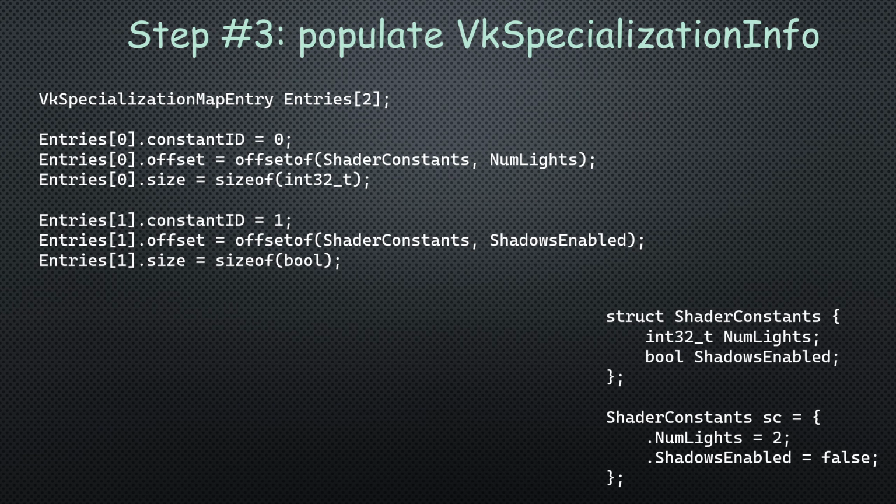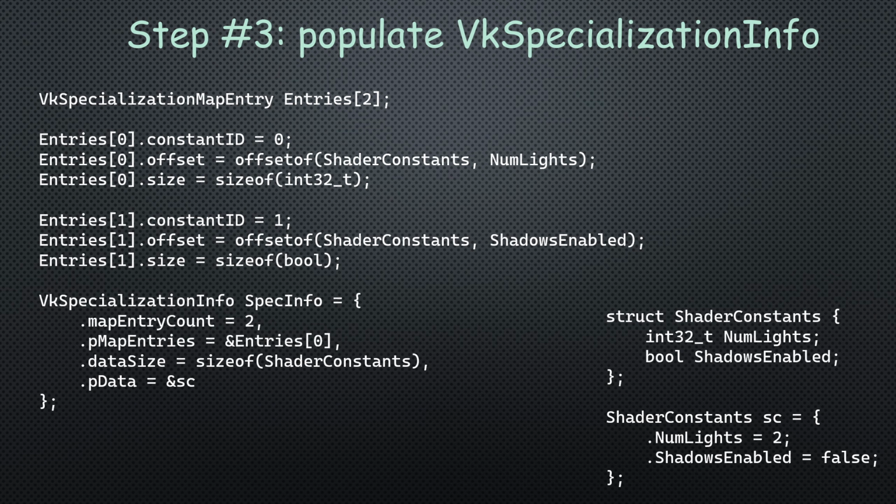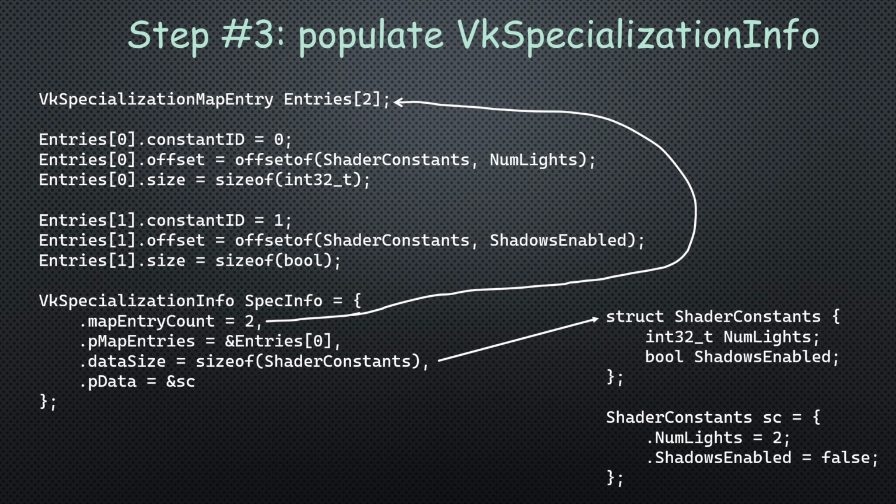After setting up an array of VkSpecializationMapEntry structures, we combine everything into the VkSpecializationInfo. We specify the number of specialization map entry elements, the address of the array of map entries, the size of the actual data block with all the values, and its address.